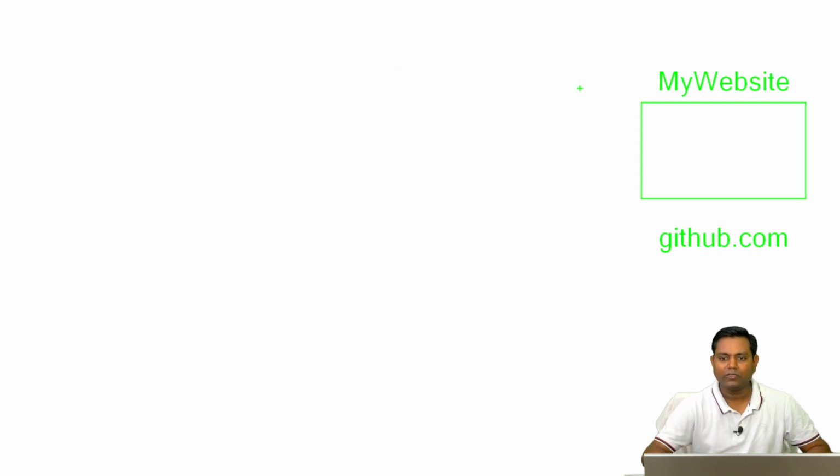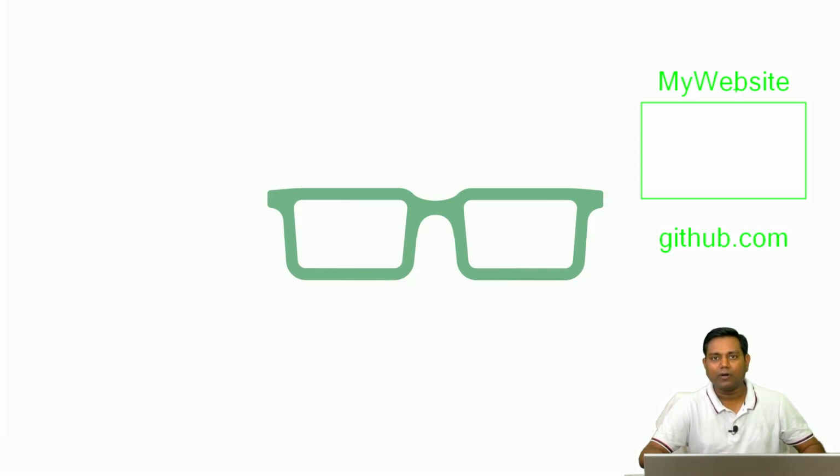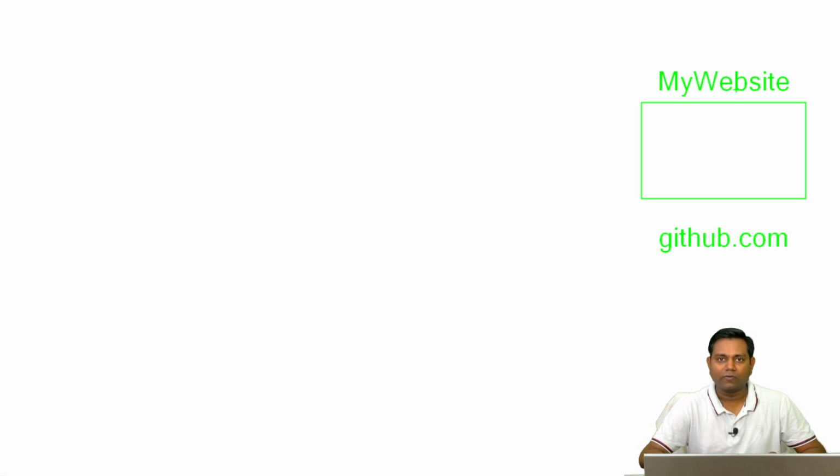So what is the use of Git and GitHub? GitHub provides a centralized repository in which multiple developers can push their code. Suppose my website is a very big project and for this website multiple developers are required from different locations also.